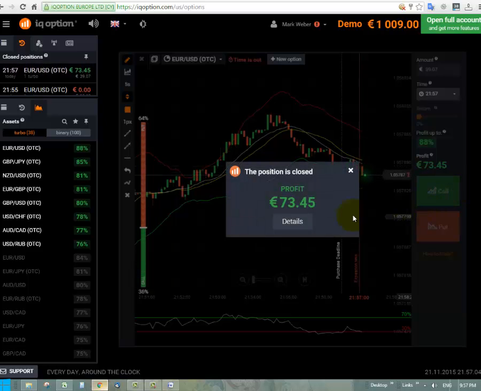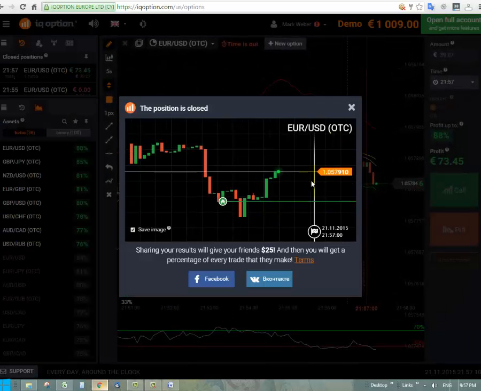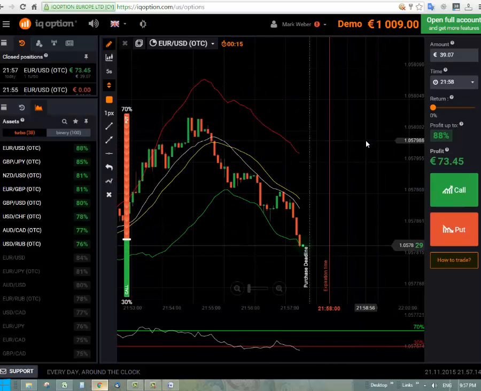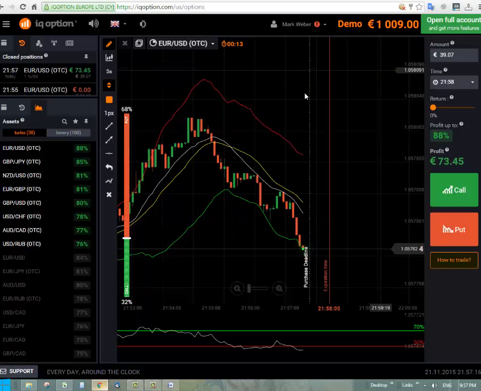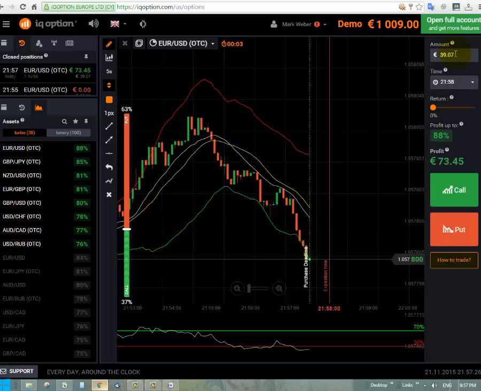And we have won the bid. Okay, these are the details. So, with this strategy, we have earned 9 euros. Now, we will rinse and repeat the same strategy, starting from 1 euro.